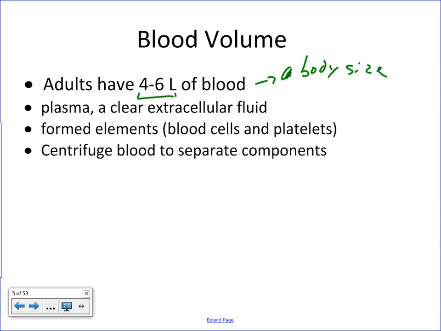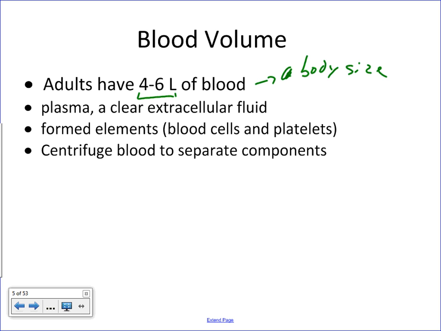There are factors that can change the amount of blood found within us. For example, if you move to higher altitude, that's going to change the properties of your blood. If you exercise, that's going to affect your blood volume. There are also certain pathologies that revolve around blood volumes that I'll talk about in a little while. So the average human has about 4 to 6 liters of blood.